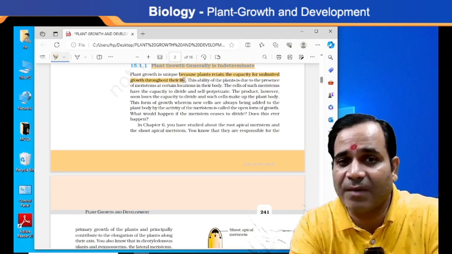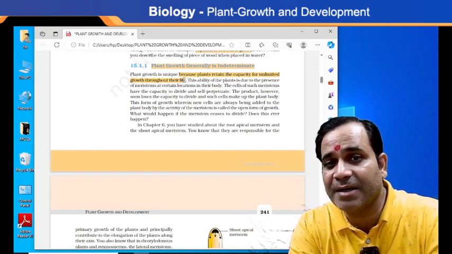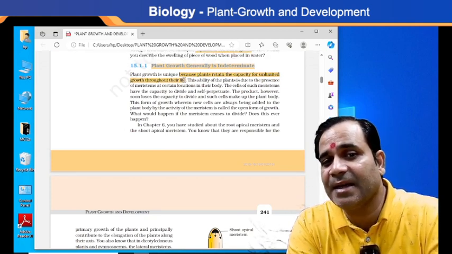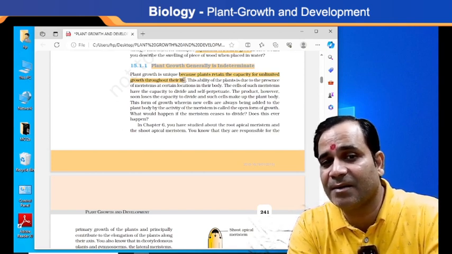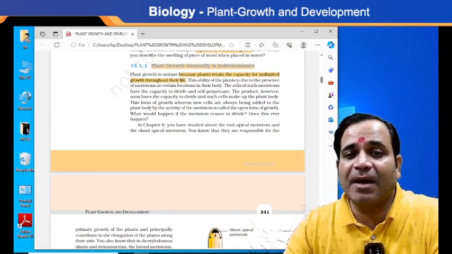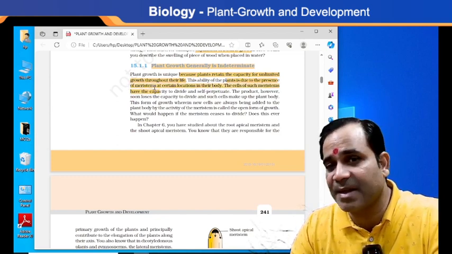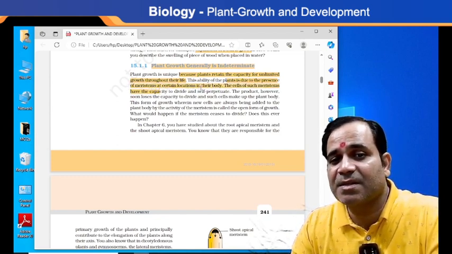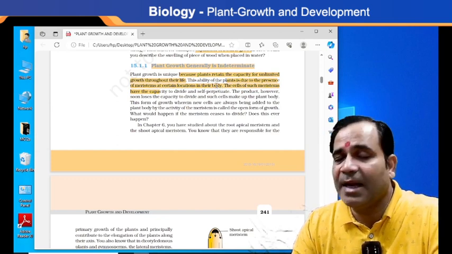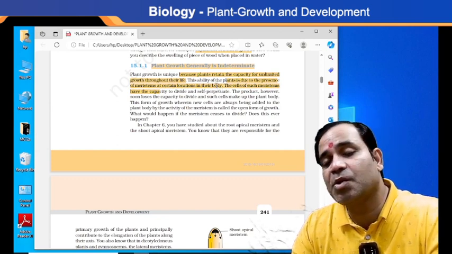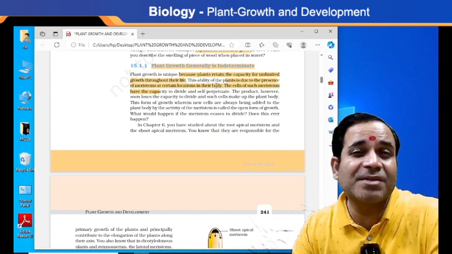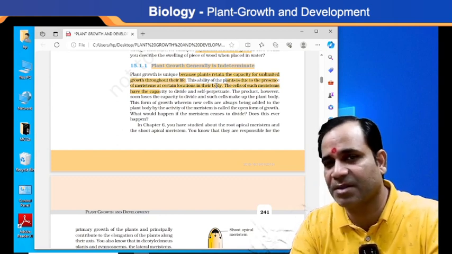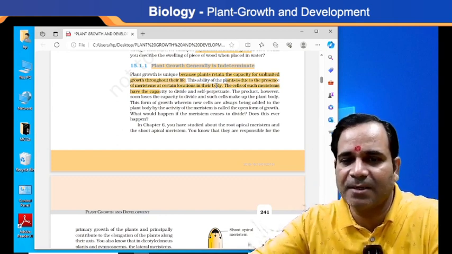So if something grows continuously and unlimitedly, it is known as indeterminate. This ability of plants is due to the presence of meristems. And these meristems are located at certain places in the body, at the apical region of the stem as well as the apical region of the roots, my dear. Getting my point?